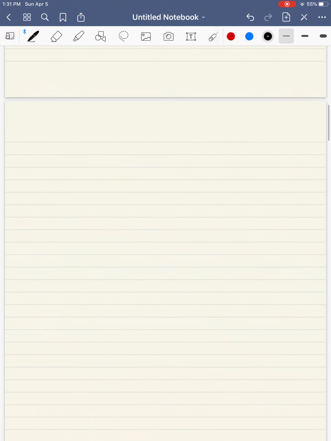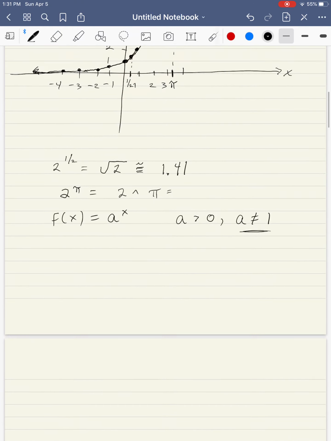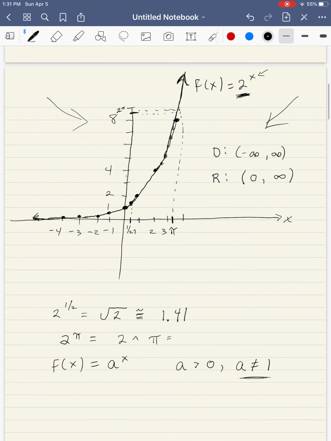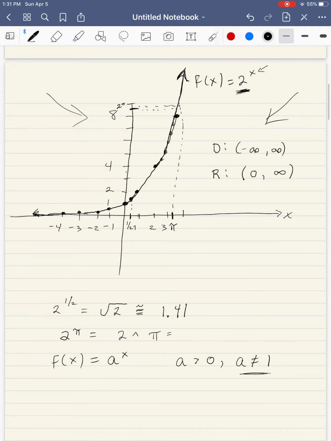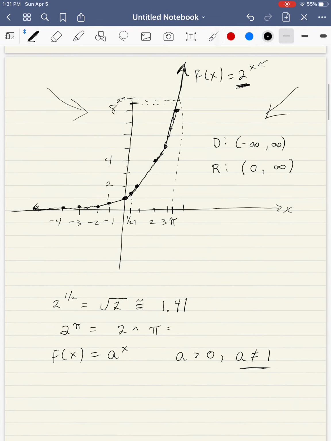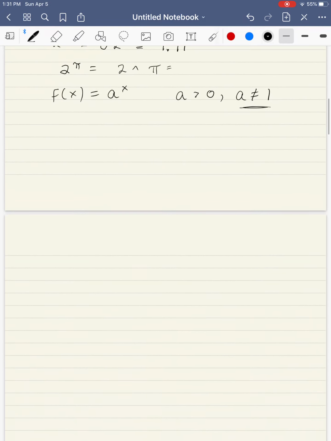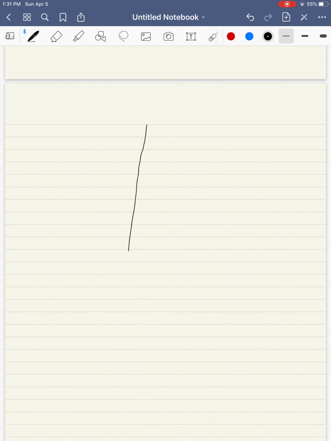Hopefully you did what I asked and you wrote down some things that are going to be the same about this graph regardless of what the base is. And you might have noticed that the general shape of the graph is going to be the same.